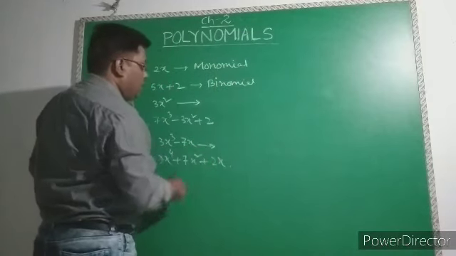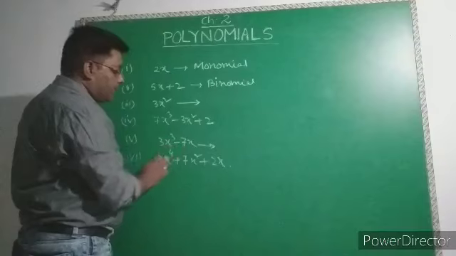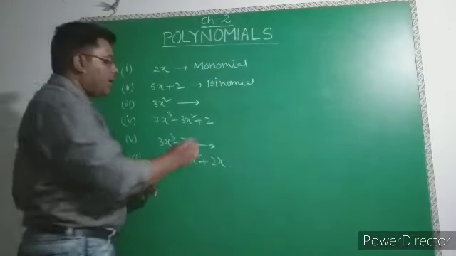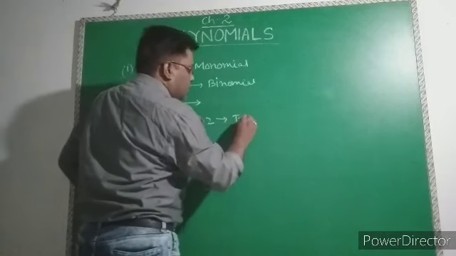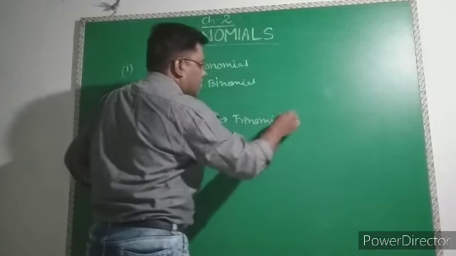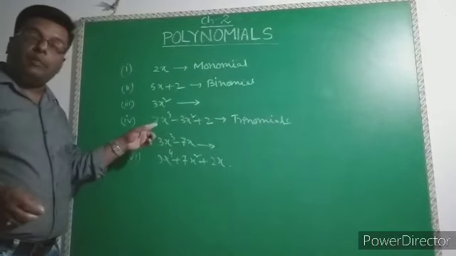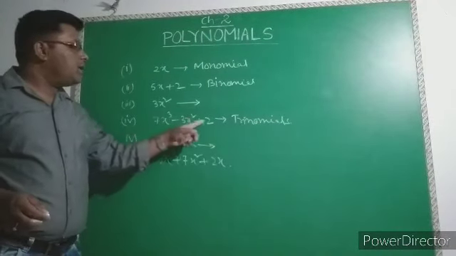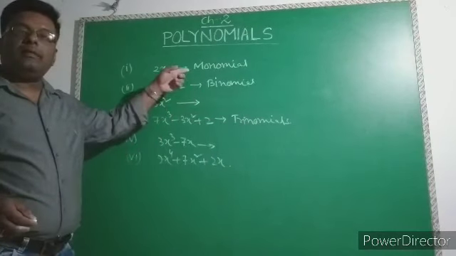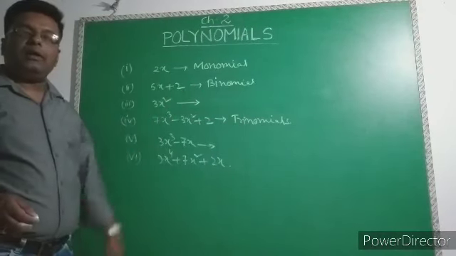This is also a binomial. An algebraic expression in which three terms are there is called a trinomial. A polynomial which has three terms is called a trinomial, which has two terms is called a binomial, which has only one term is called a monomial.